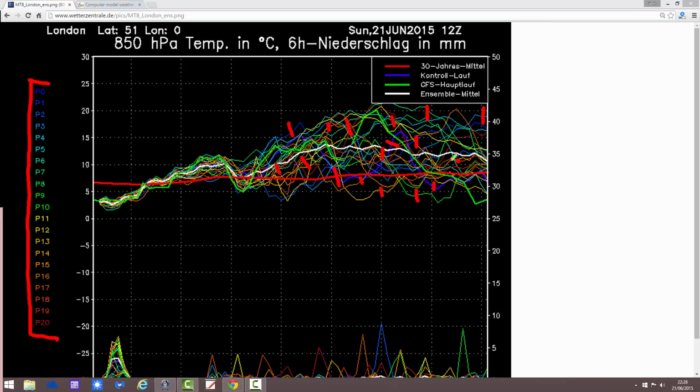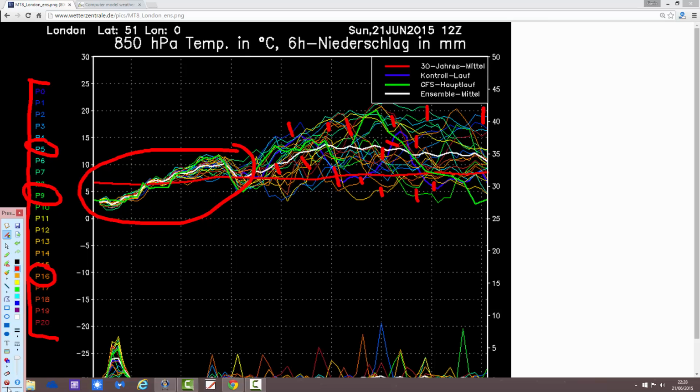Although, of course, when you've got all of this scatter, and also when you've got all this tight clustering, like we have just there, it's not all that easy to make out each individual member and compare it to, for instance, P5, P16, or whatever. But that is what each one of those coloured lines is representing anyway. It's representing an individual member of the ensemble.